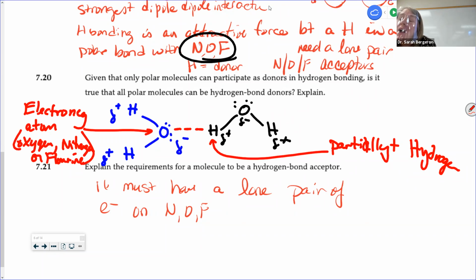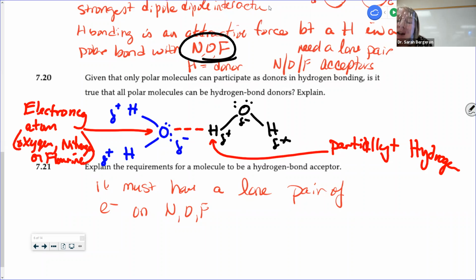In a hydrogen bond, we talk about some atoms being donors and some being acceptors. Which of these molecules, the blue or the black, is acting as a hydrogen donor? Who has the hydrogen that's participating in the hydrogen bond?